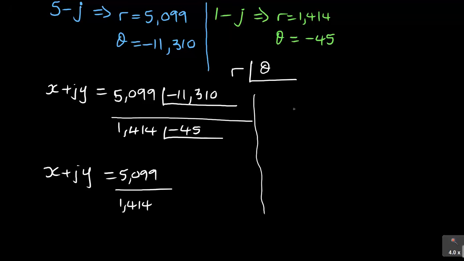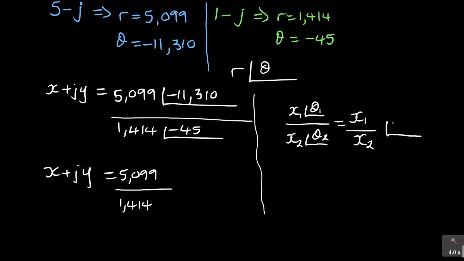So when you have, for example, x1 with theta 1 over x2 with theta 2, when you simplify division, you're going to take x1 over x2, and then you're going to have your theta: the top one, which is theta 1, minus, because of division you separate, minus theta 2. That's what we're going to have.